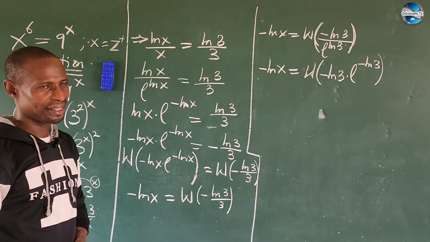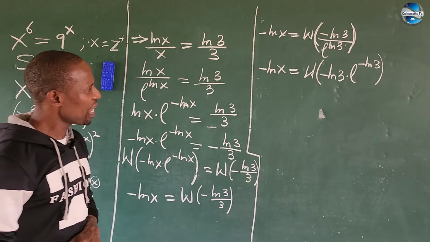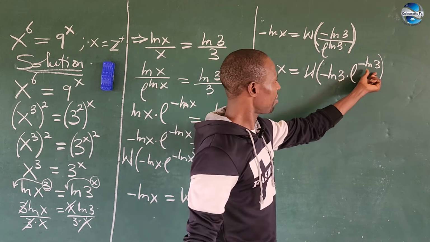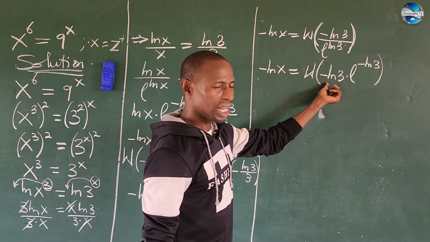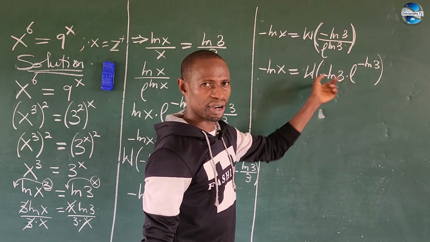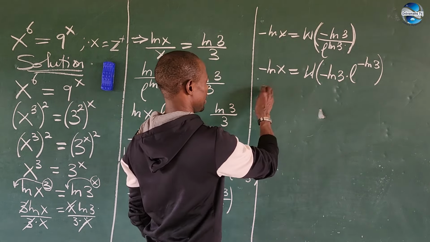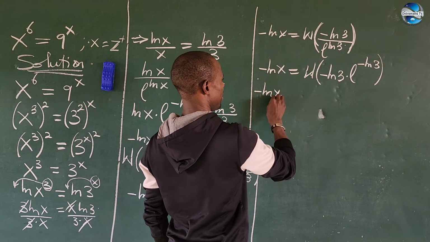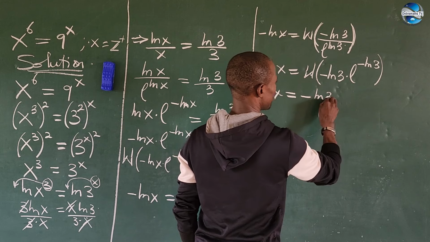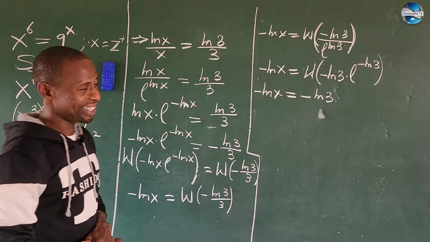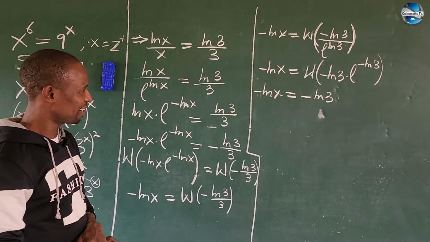You get that? All right, so from here, you now discover that what we have here is the same thing we have at the base here. So the Lambert W function can take its course here. So this gives us minus ln of x is equal to minus ln of 3. Easy. You see the trick?